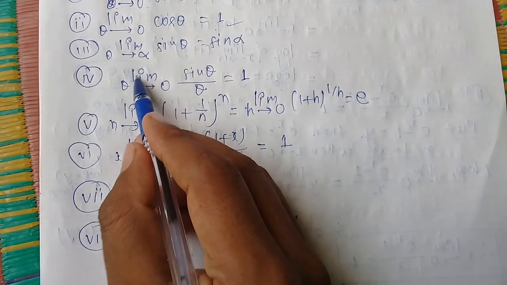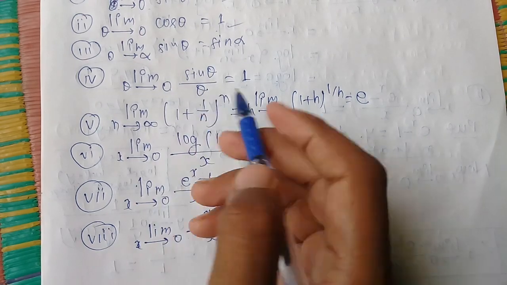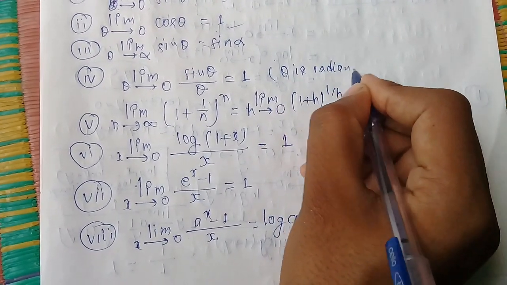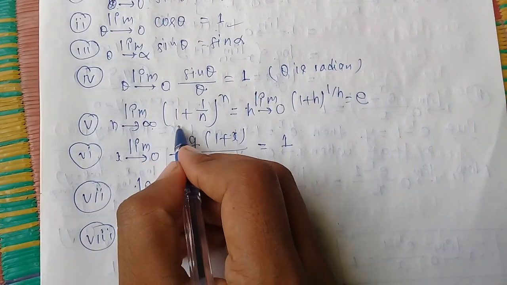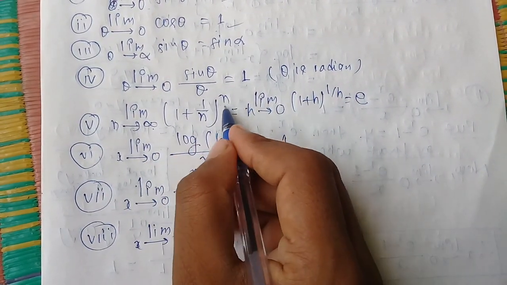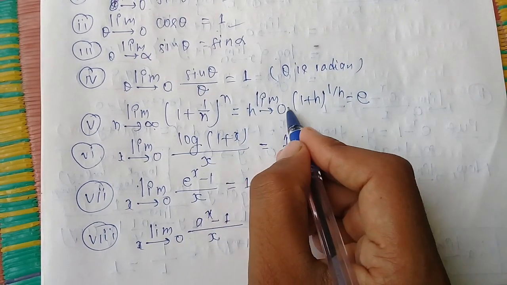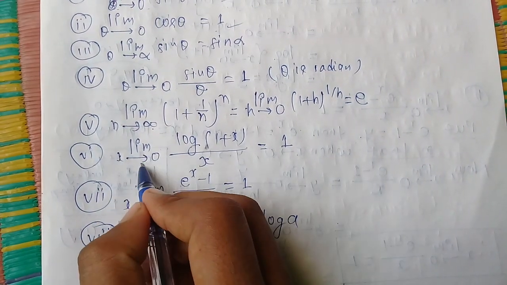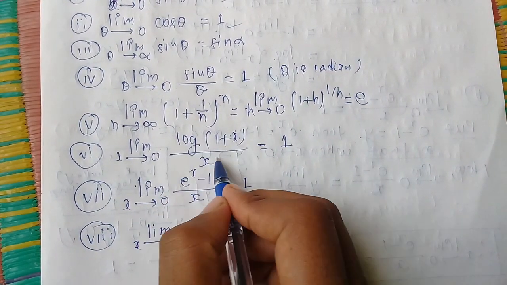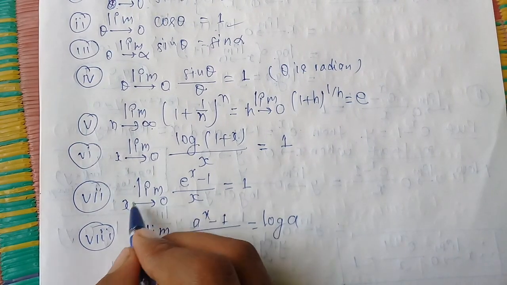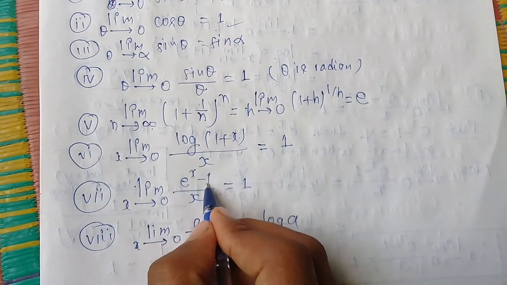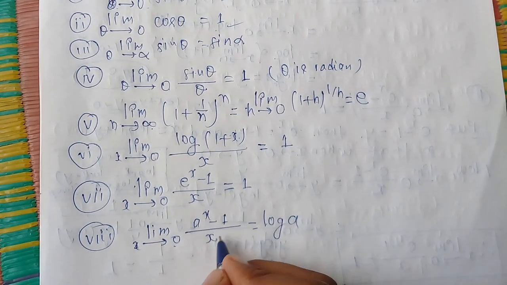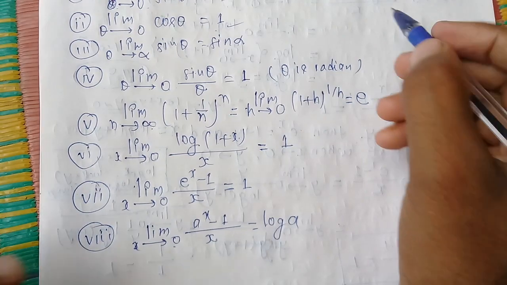Again, limit theta tends to 0, sin theta by theta is 1, where theta is in radians. Limit n tends to infinity, 1 plus 1 by n to the power n is equal to limit h tends to 0, 1 plus h to the power 1 by h is equal to e. Limit x tends to 0, log 1 plus x divided by x is equal to 1. Limit x tends to 0, e to the power x minus 1 divided by x is equal to 1. Limit x tends to 0, a to the power x minus 1 divided by x is equal to log a.